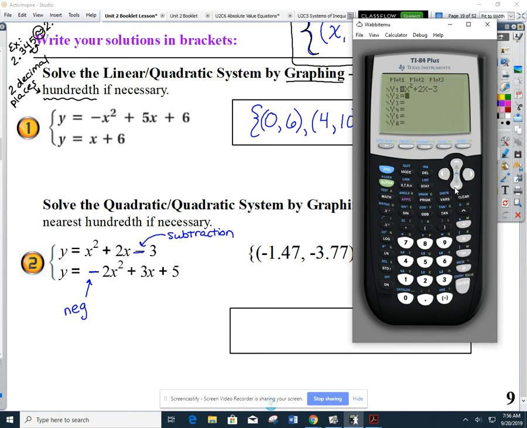And then for the other equation, you have to use the negative button, which is down here. So even though when we write them, they look the same, when we graph them or we type them into the calculator, we have to think of negative and subtraction as 2 different things. So your graph should have looked like that. So if you didn't get those intersections the same, try it again.